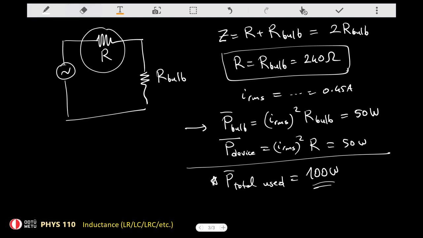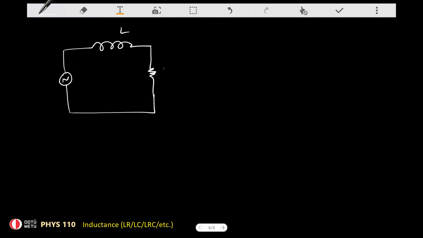Next scenario: what happens if I connect an inductor, and what should the inductance be? That's the light bulb again. I don't want to draw the full phasor diagram, but it was this kind of situation.